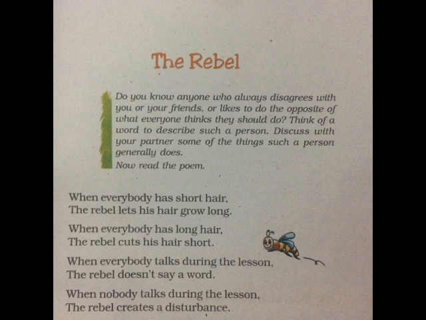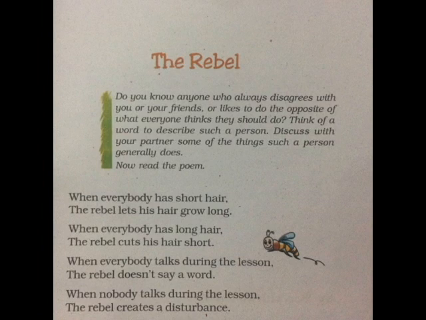When the rebel encounters a group of people with short hair, he lets his hair grow long because he derives pleasure and satisfaction by going against the grain. However, he is not constant, and when he sees people growing their hair long, he ends up cutting his short. So I already told you that he is the rebel, always doing the opposite of you.